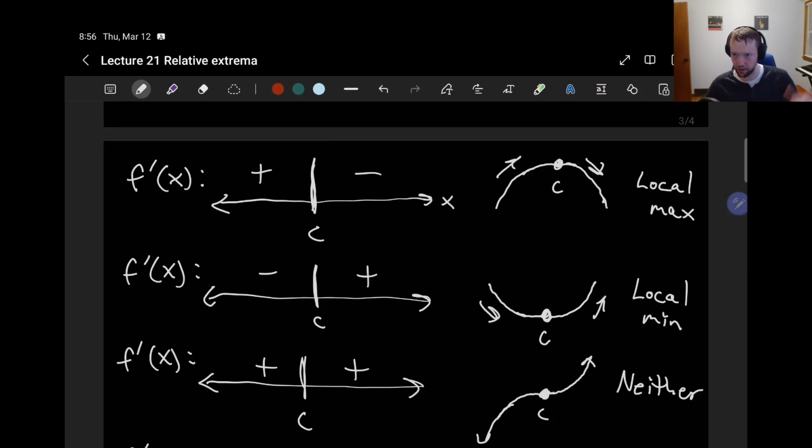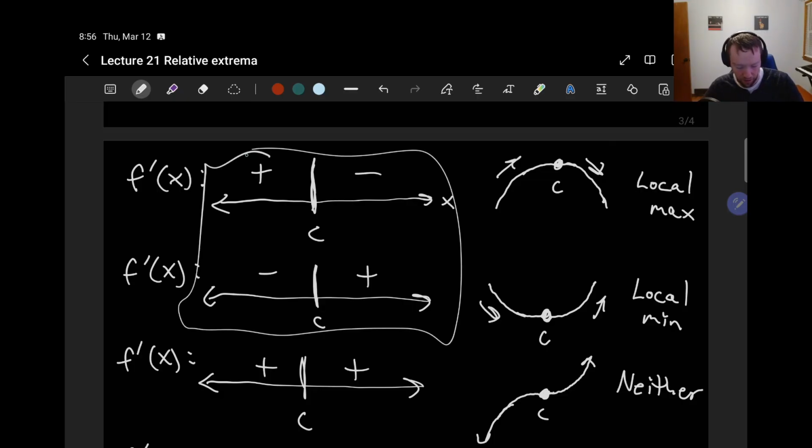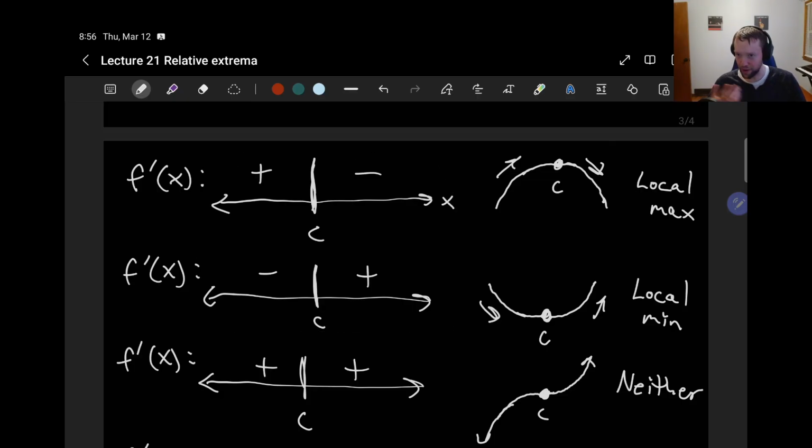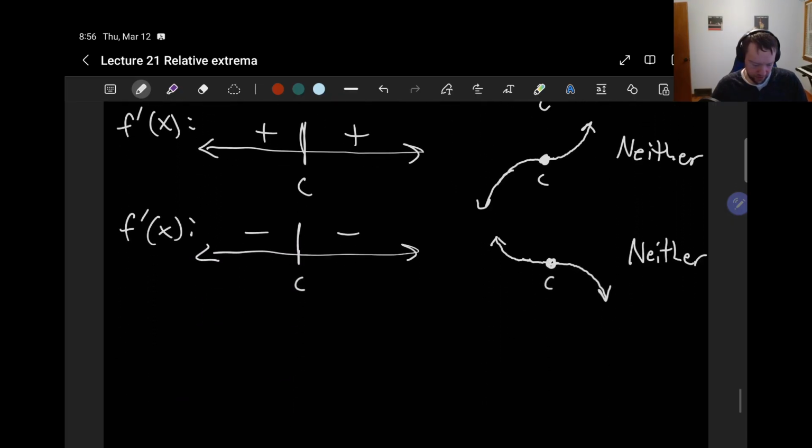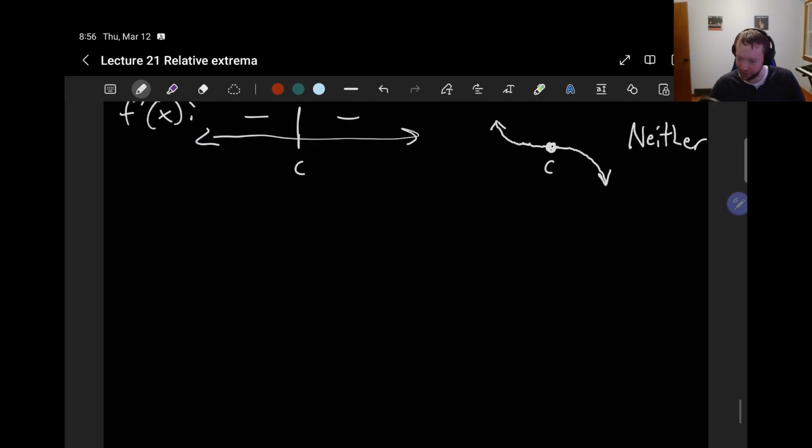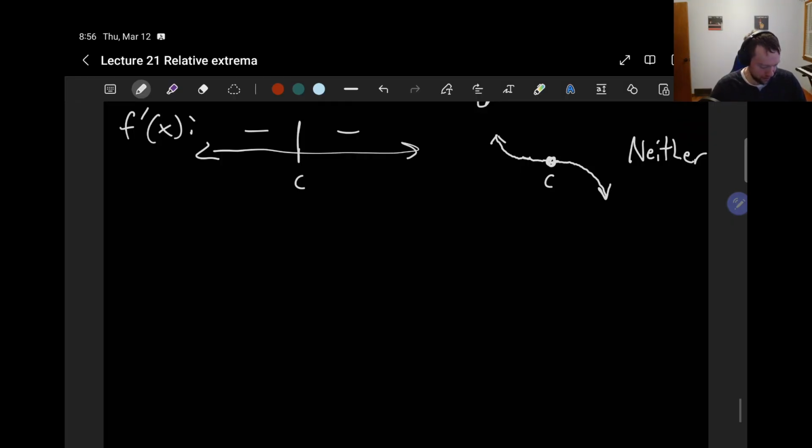That tells you that your critical point is like a hilltop and it's a maximum. So when you're studying, think in terms of these pictures, be able to do that thought process in your head instead of blindly memorizing these. Just my word of advice. Not that I'm totally against memorization, but yeah, it's good to understand the why behind these things.